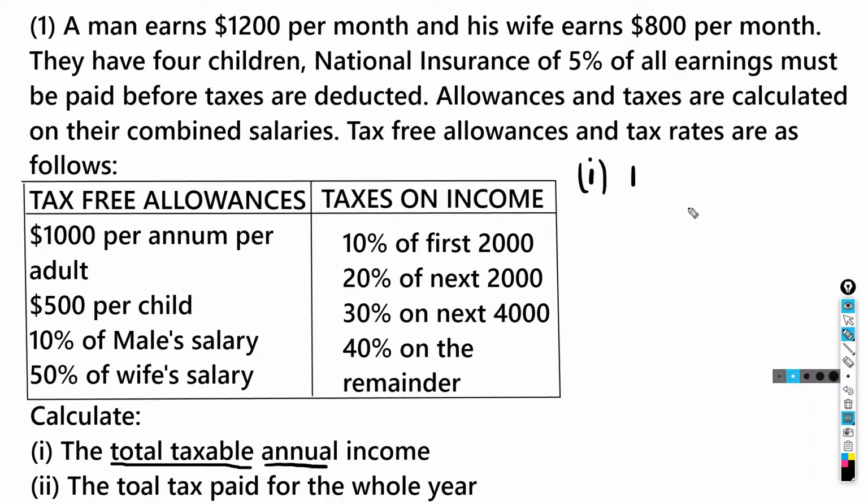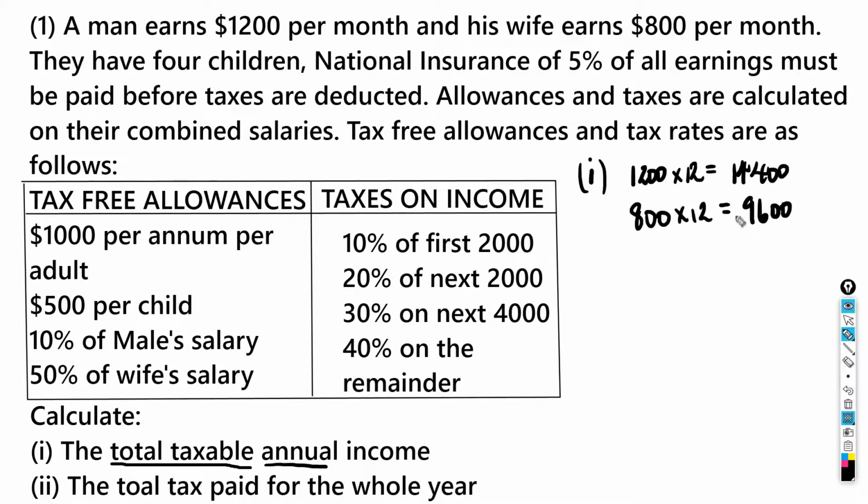So the first one for the man, they earn $1,200 times 12, and the $1,200 times 12 is actually 14,400. And the woman earns $800 times 12, which is 9,600.